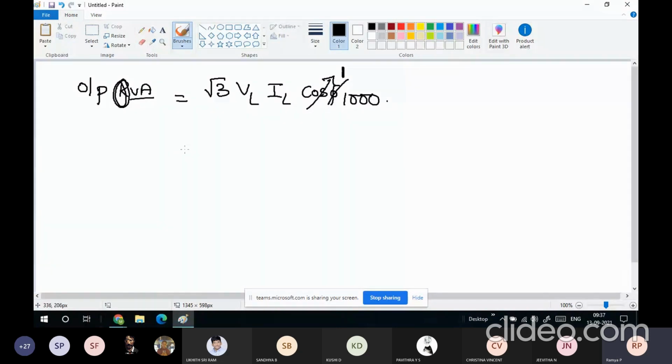Now, for calculating the output kVA, this is the formula. Just now I have told you that in the star connection they have given the phase current I phase as 50 amperes, and in the star connection IL will be equal to I phase. The line current and the phase current both will be the same, hence I am going to consider it as 50 amperes.